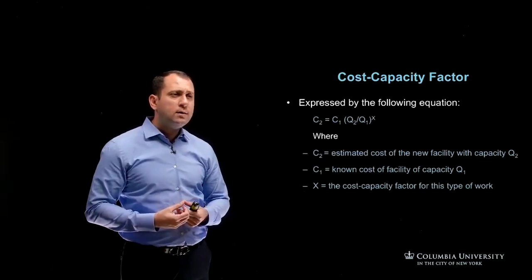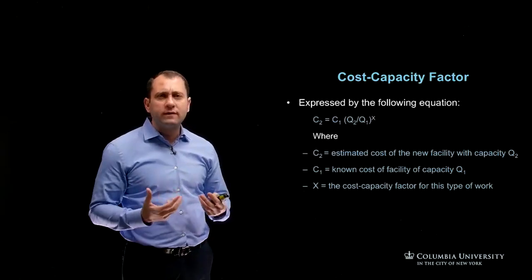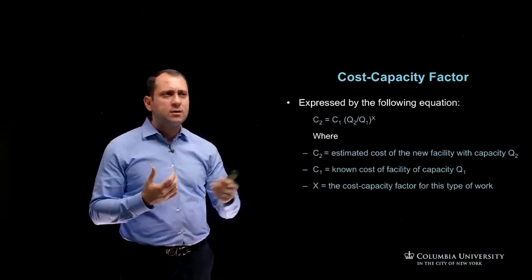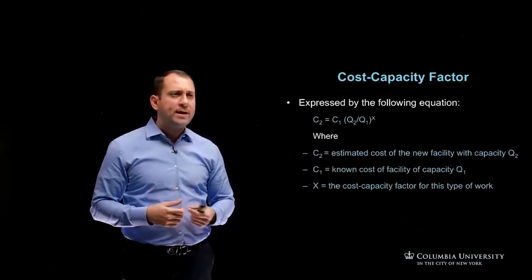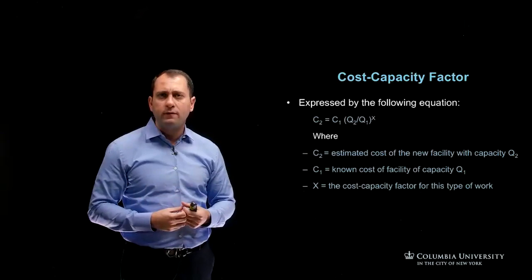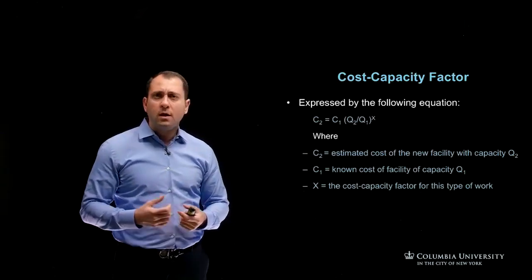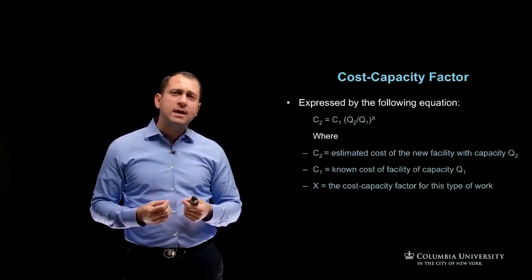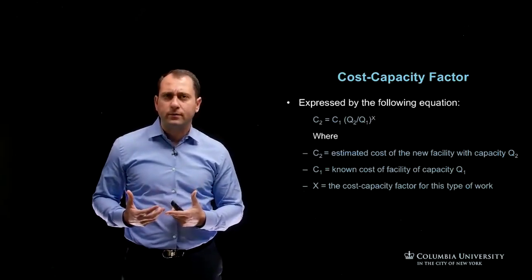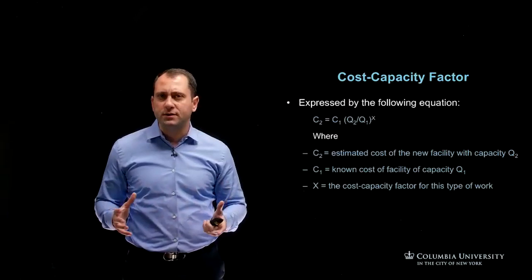And C1 is the known cost of the facility that's been built with its old capacity, Q1. And X here is the cost capacity factor for this type of project. Now X is the empirically derived cost capacity factor for a given type of project.